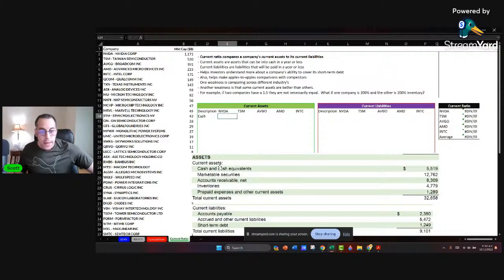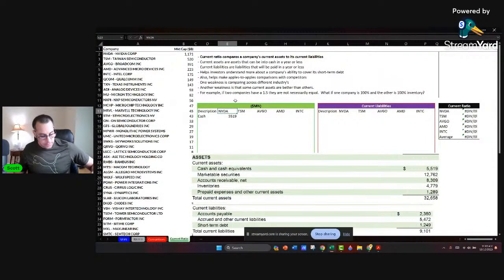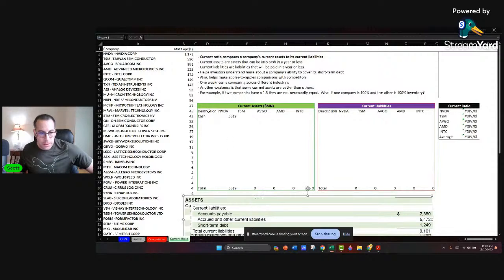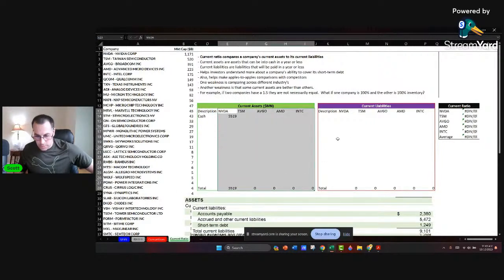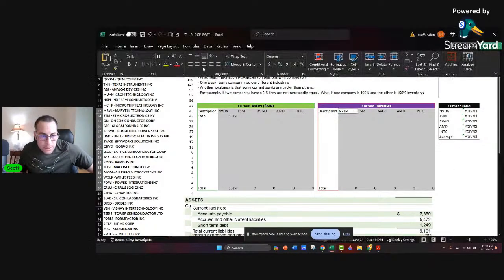But let's do cash, 5519, and all these are in millions. And you should make sure, because I know it's in millions, but some are in thousands. I'm always a stickler for formatting.